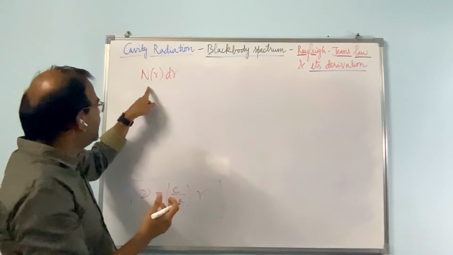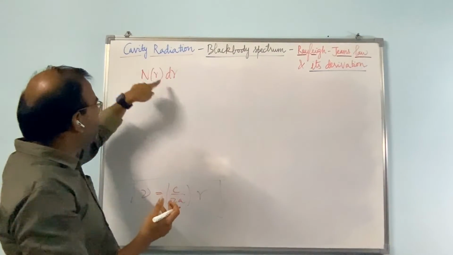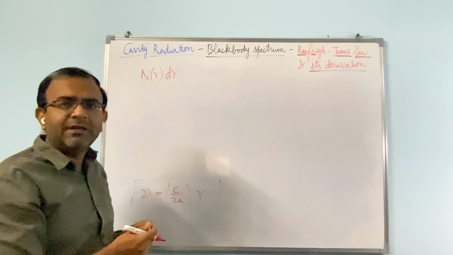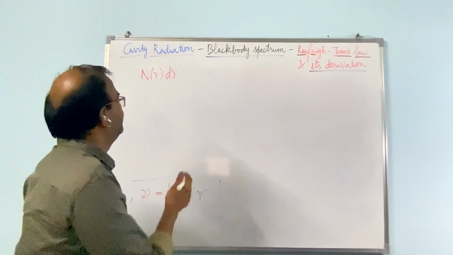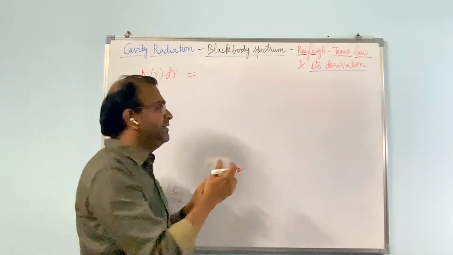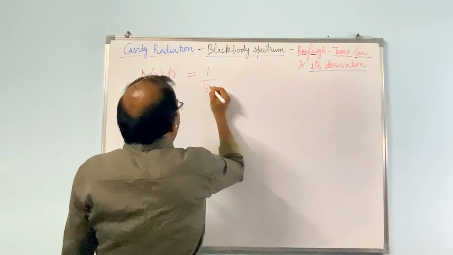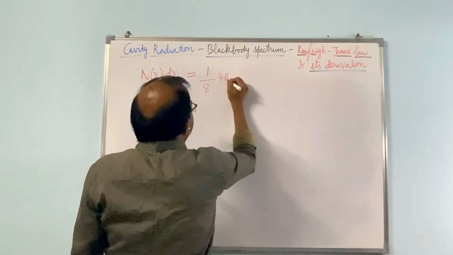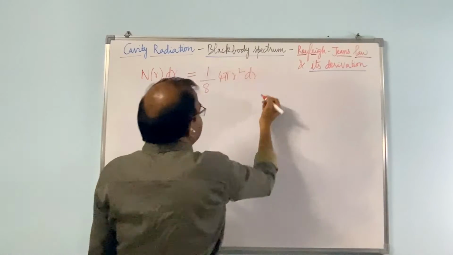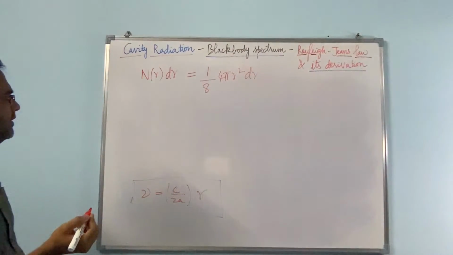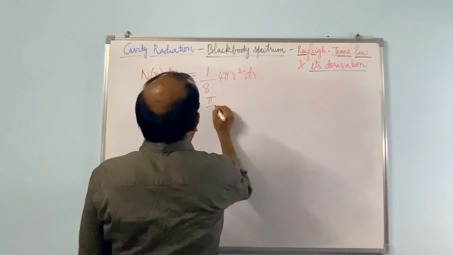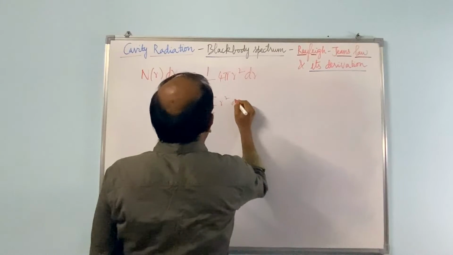That means nr dr is the product of the density of lattice points to the volume of the shell itself, and because it's an octant of a sphere, that would correspond to 1/8 of the surface area of that spherical shell multiplied by its thickness dr, and this would be simply equal to pi over 2 r squared dr.